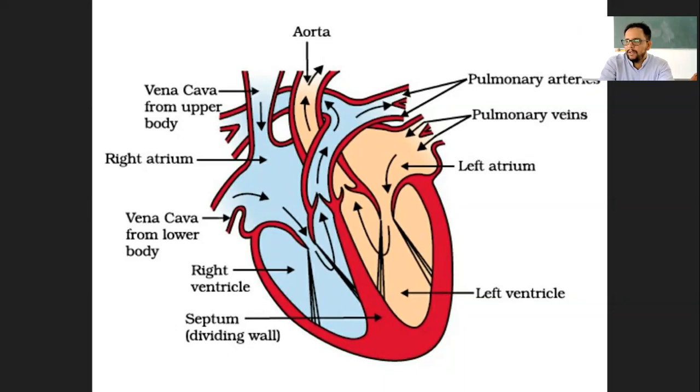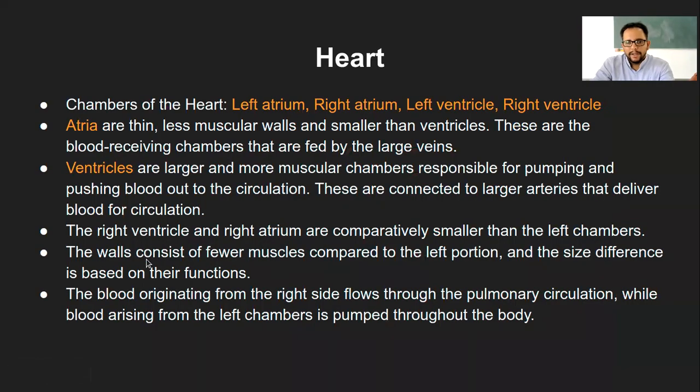And naturally, if you look at the left side, the atria and the ventricles on the left side are slightly bigger than the ones on the right side. That is a very obvious thing, because oxygenated blood needs to be pumped into different body parts. So that's why they are relatively bigger.